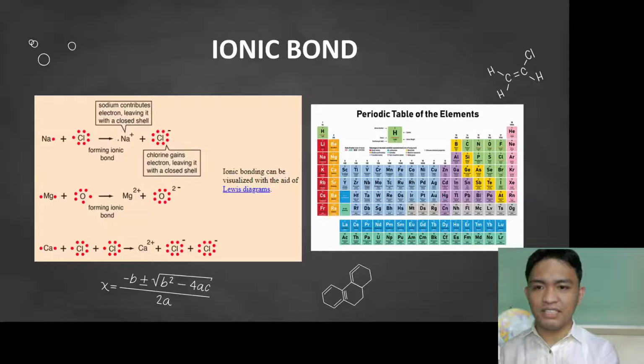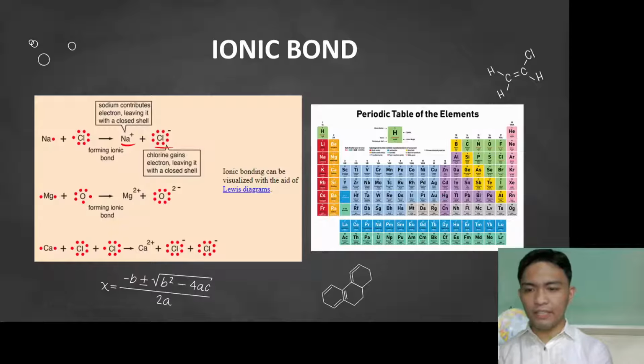So after this, nag-lose itong si sodium ng isa, napapunta na kay chlorine. So 8 na siya. Ito naman ay stable na rin siya. Kasi 8 na rin yung natira dun sa kanyang outermost shell. This became positively charged, this became negatively charged. That resulted to the formation of an ionic bond, forming yung ating sodium chloride.